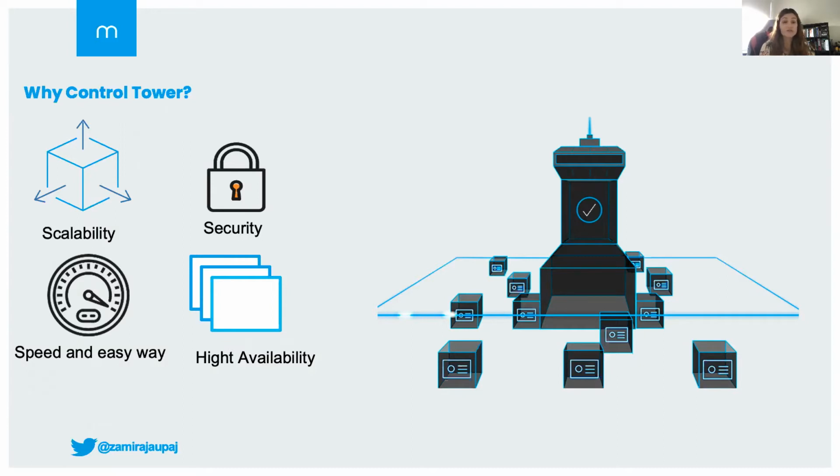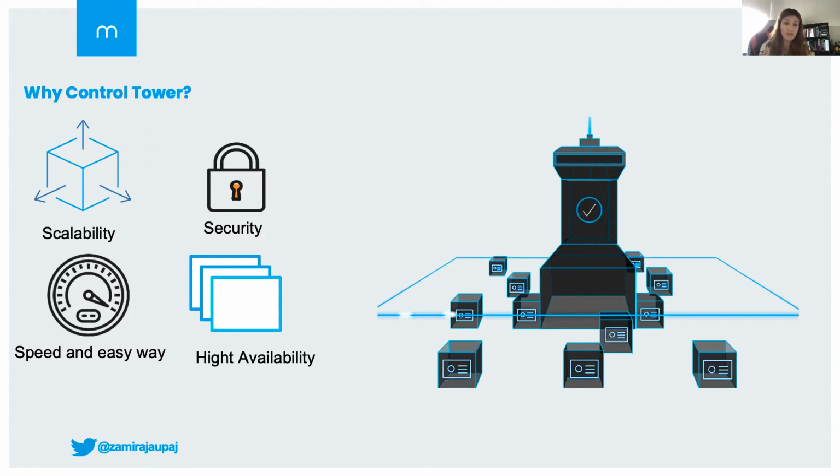What about security? You can apply security and compliance policy using established guardrails, which prevent resources being deployed that don't conform to the policy. Plus, you can detect and be reminded when accounts or services are non-compliant.